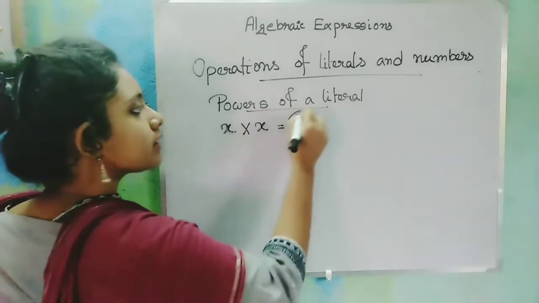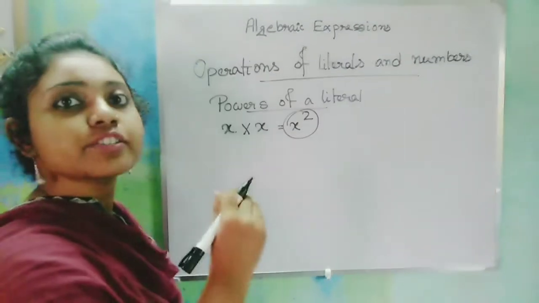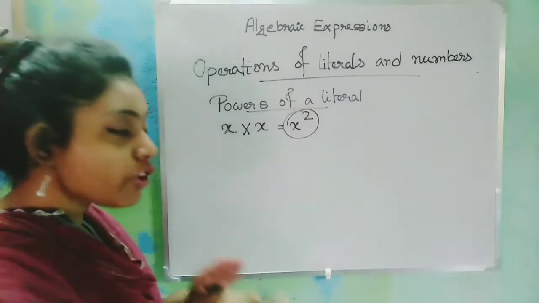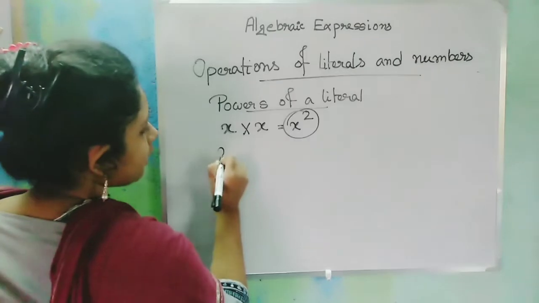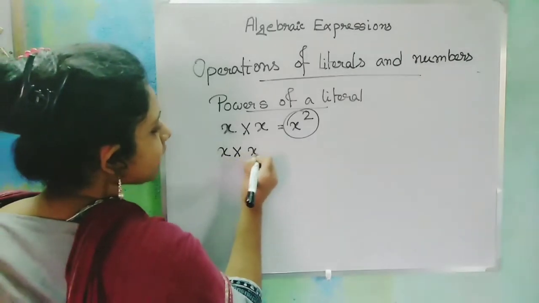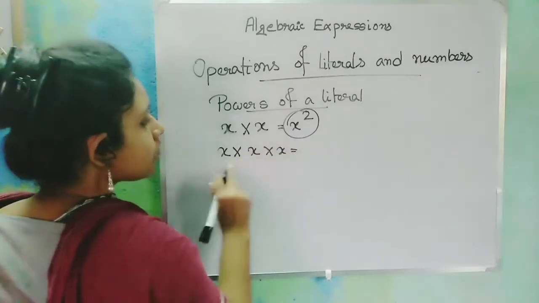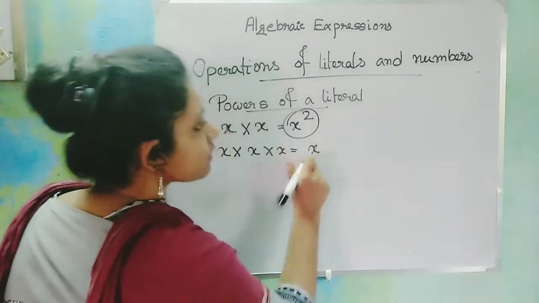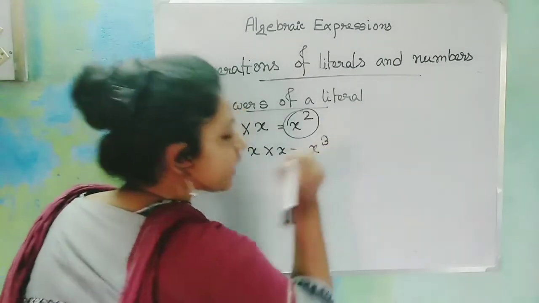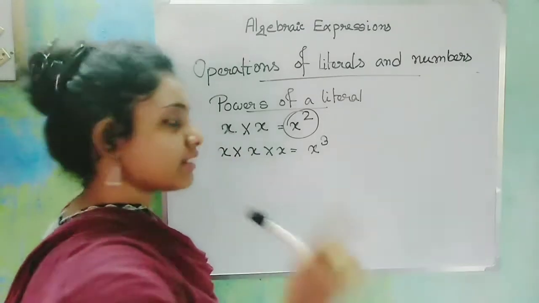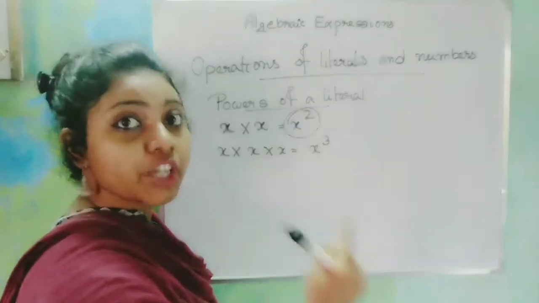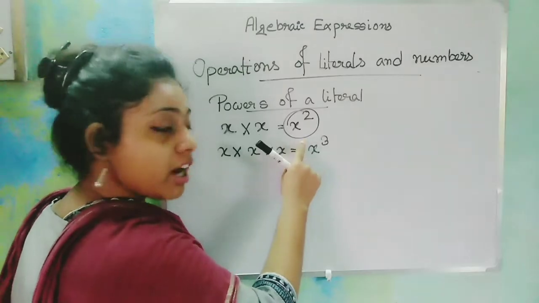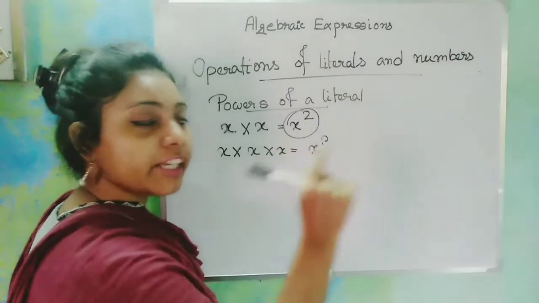This is called x square. Again, if x into x into x, there are 3 x's, so we can write x to the power 3. This is called x cube.